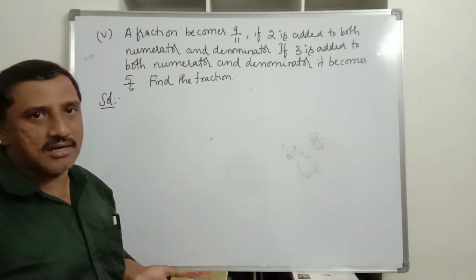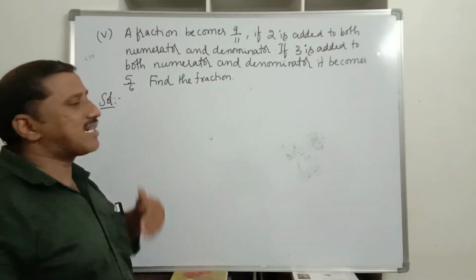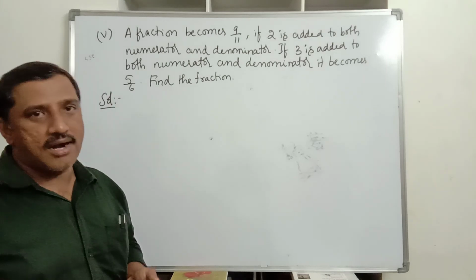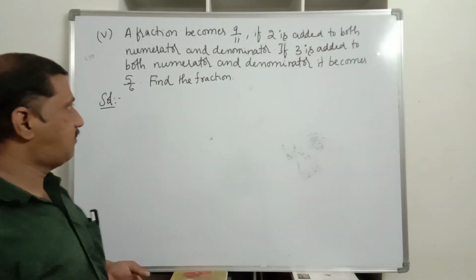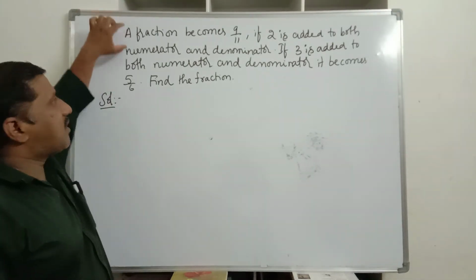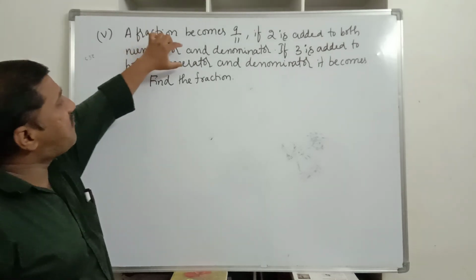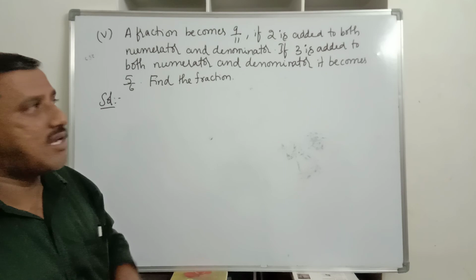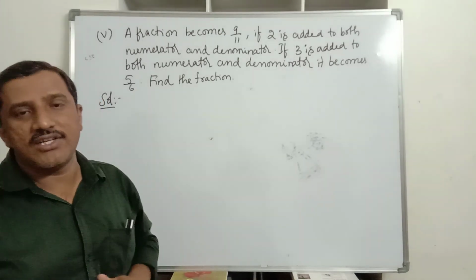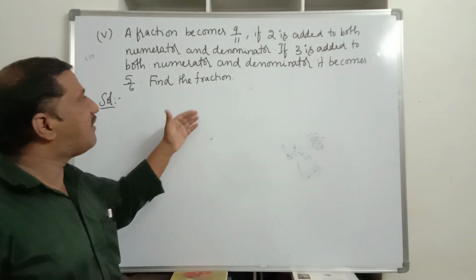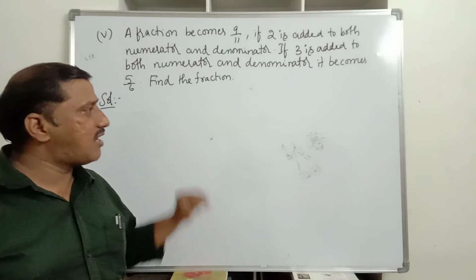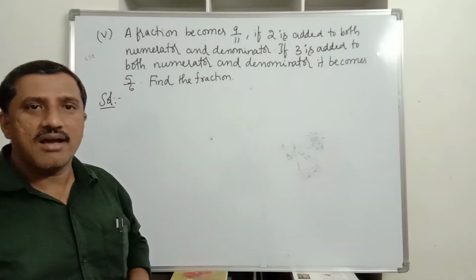We don't know that fraction, so let the fraction be x by y, where x is the numerator and y is the denominator. Then from case 1 write one equation, and from case 2, the second statement, write the equation. Two equations we get. Solve those two equations by using the substitution method. We will get the x value and y value. Write this in the form of a fraction so that we get the required fraction.